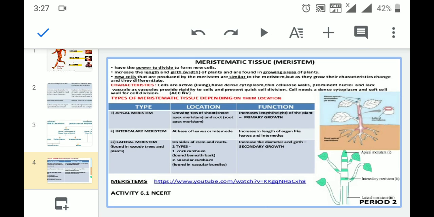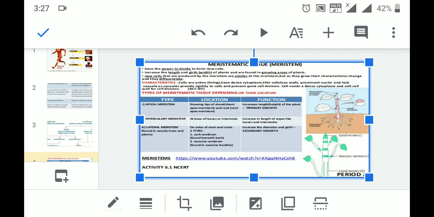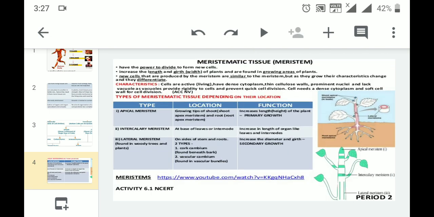Now let us have a look at meristematic tissues or meristem. Meristematic tissues have the power to divide to form new cells. They can increase the length, and the width of the plant also increases because of meristematic tissues.